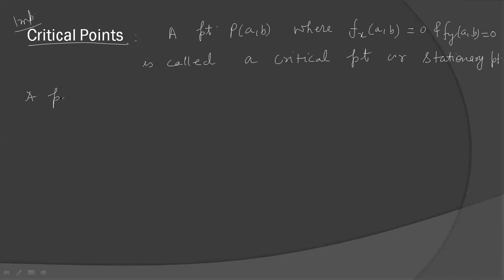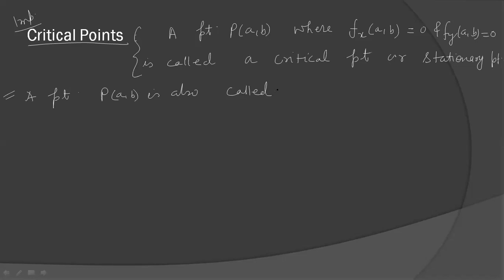A point P(a,b) is also called a critical point, because the condition I have studied is necessary, but some additional points are also called critical points. So let's see.